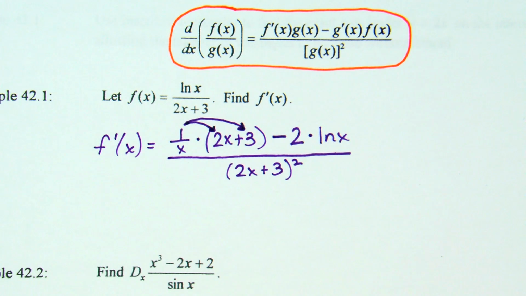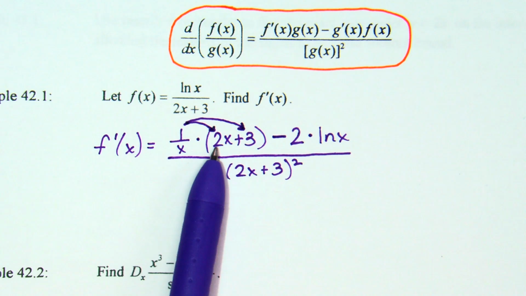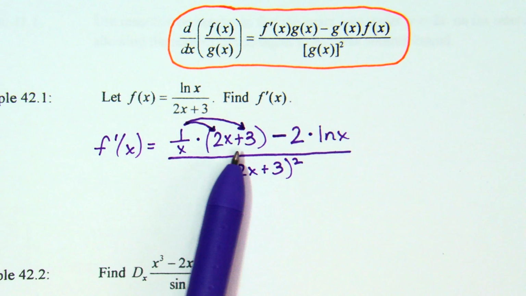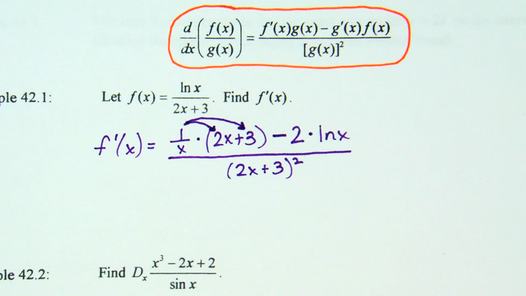And then the other thing, though, when you distribute that 1 over x, what's going to happen? 1 over x times 2x becomes 2, which is nice. But what happens when you do 1 over x times 3? 3 over x. And officially, are we supposed to have fractions within fractions?